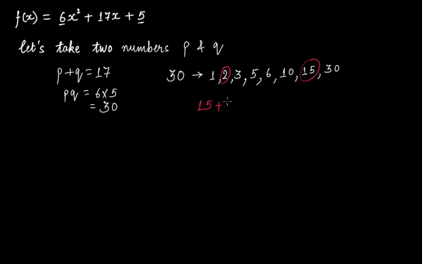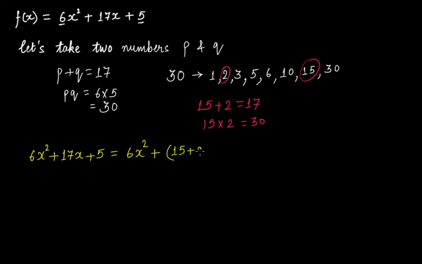15 plus 2 is equal to 17, and 15 multiplied by 2 is equal to 30. So it means that we can write 6x squared plus 17x plus 5 equal to 6x squared plus 15x plus 2x, plus 5.